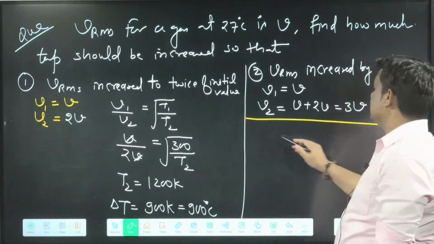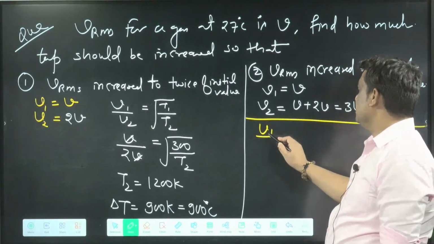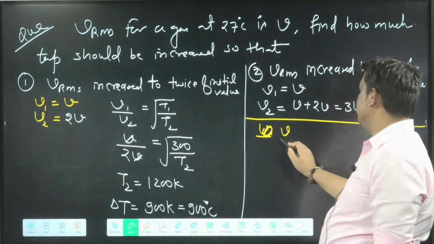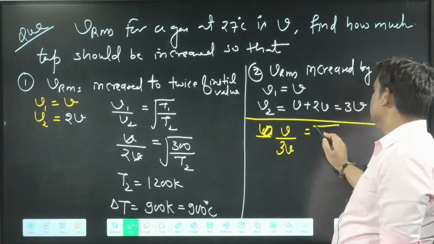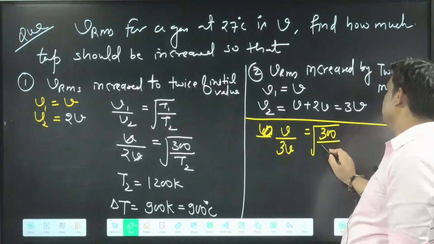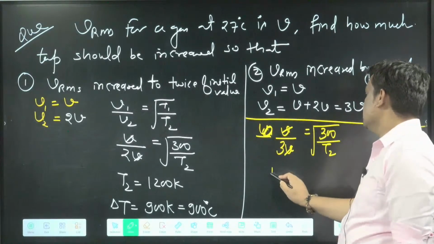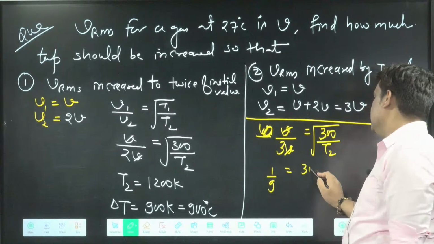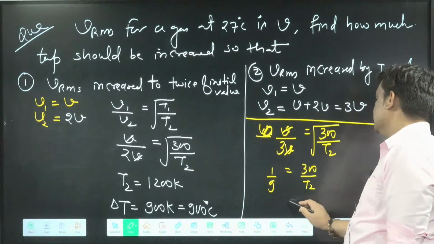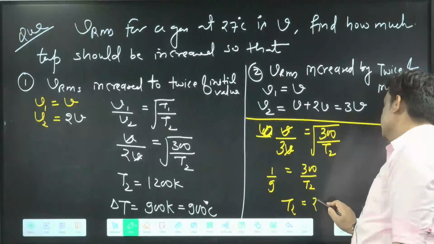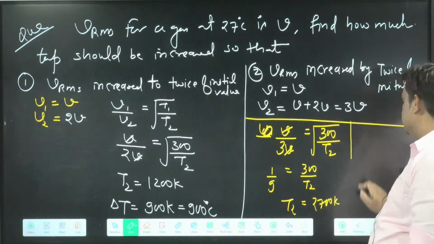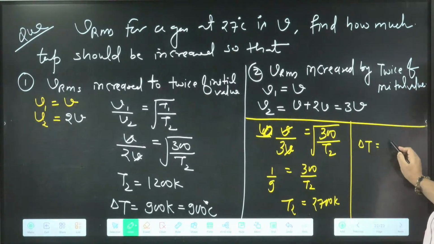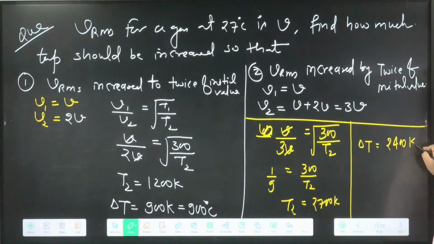Here, V1 by V2, so I can put the values directly. V by 3V equals root of 300 divided by T2, V cancels. So 1 by 9 equals 300 by T2. So T2 becomes 2700 K. They are asking for the change, so we'll have 2400 K, and change is always the same, so we can say 2400 degree Celsius.